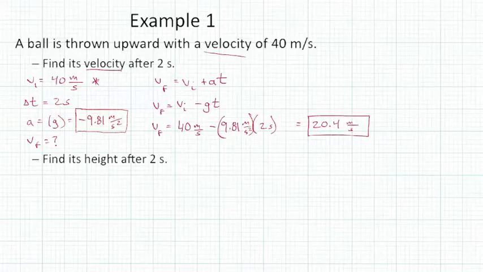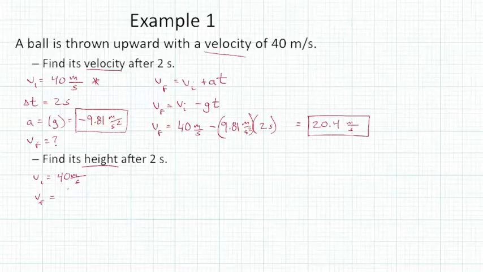Now the question is, what's the height after 2 seconds? Well, again, let's write down our knowns. Our initial velocity is 40 meters per second. Our final velocity, we know by now, but we shouldn't necessarily need it, but we'll just write it down anyway.